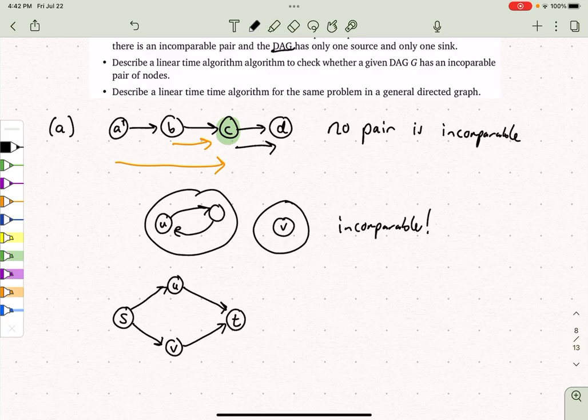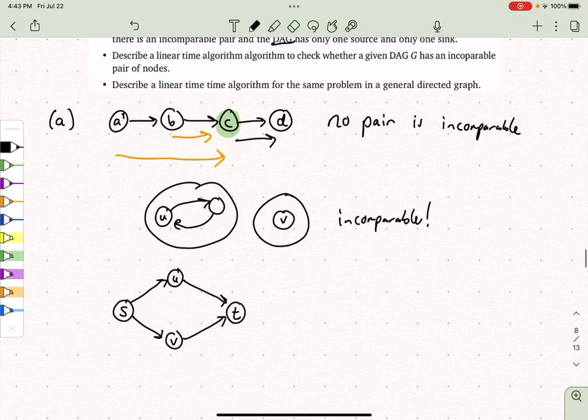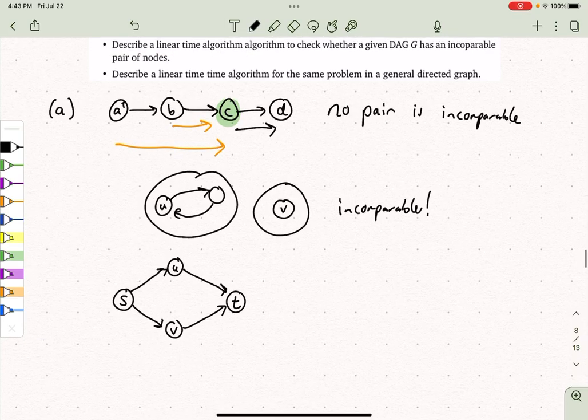So just from what the problem asks us, immediately we get this picture. So then the only question is, do we have extra edges between U and V or not? Let's just go for the simplest example and let's figure out if this is good enough as is.